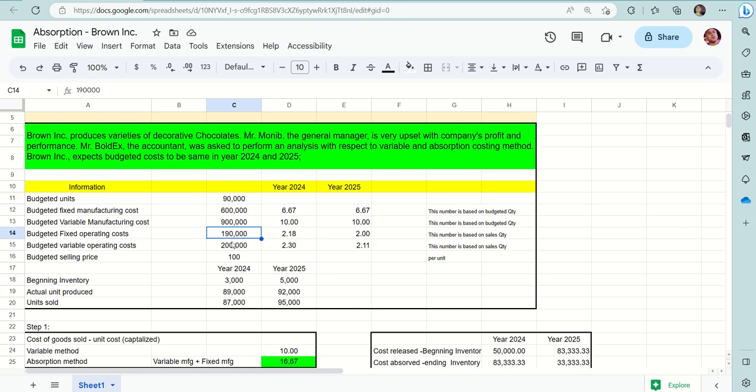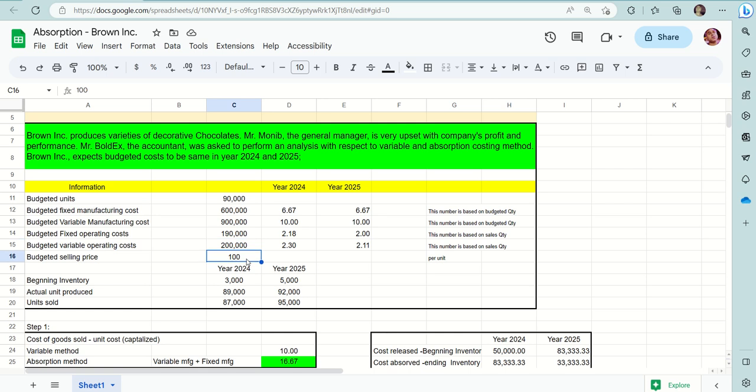The fixed operating costs rarely change. Even if they do, you would have to adjust them back to the budgeted amount. There was a problem I came across where the fixed operating costs changed to a higher number, so we had to reduce it back to the original budgeted amount.